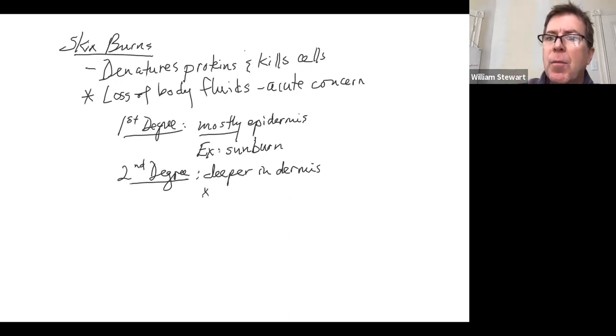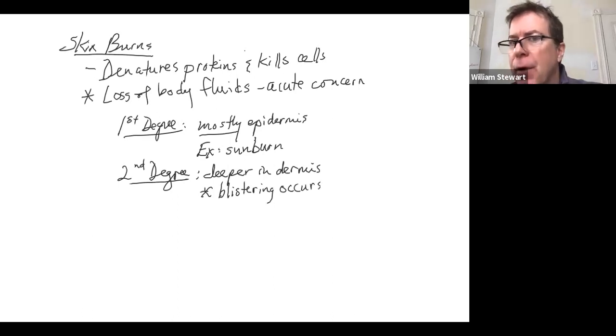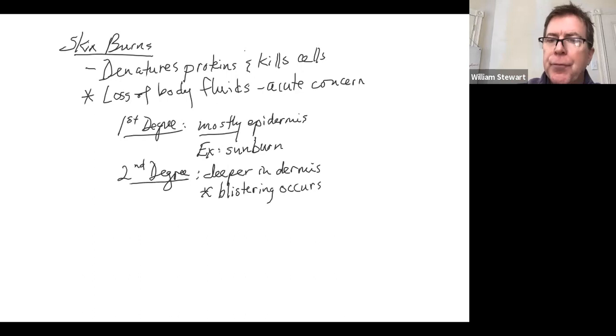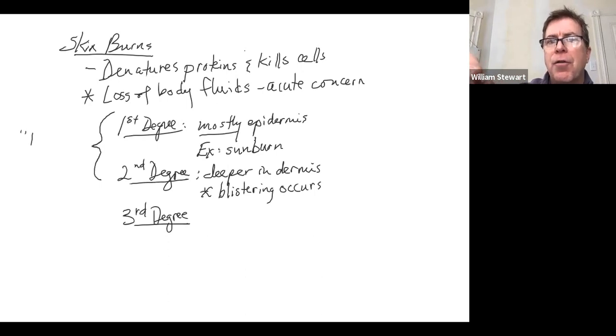In a second degree burn, blistering occurs because the damage is deeper in the dermis. And by the way, first and second degree burns are what we call partial thickness burns.